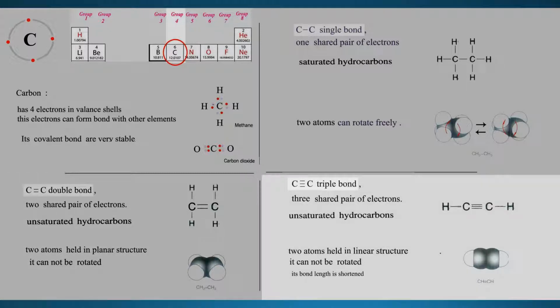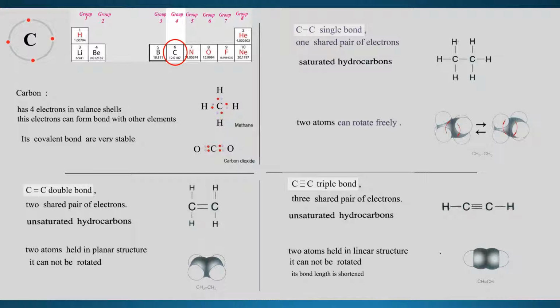As for triple bond, which has 3 bonds, they are also called unsaturated hydrocarbon, and also cannot be rotated. So student, take one word: saturated hydrocarbon is single bond. Unsaturated hydrocarbon is double bond and triple bond.